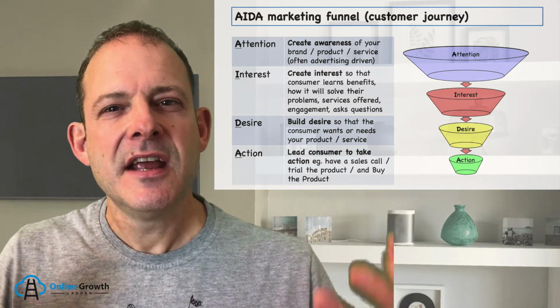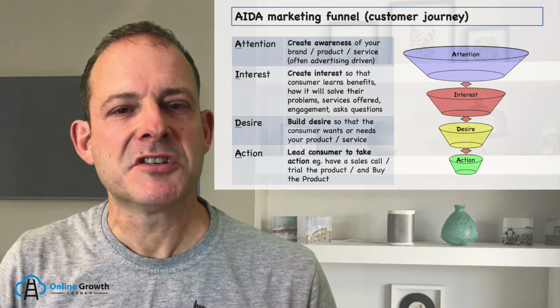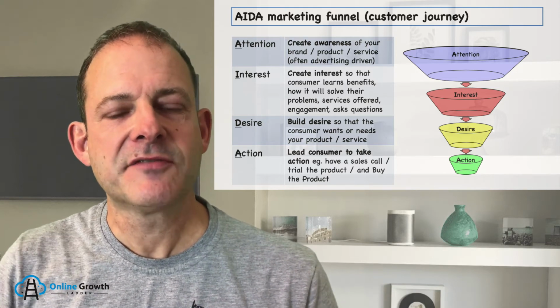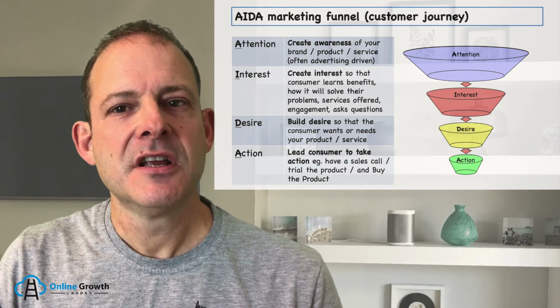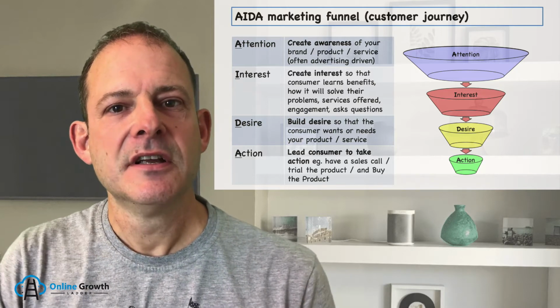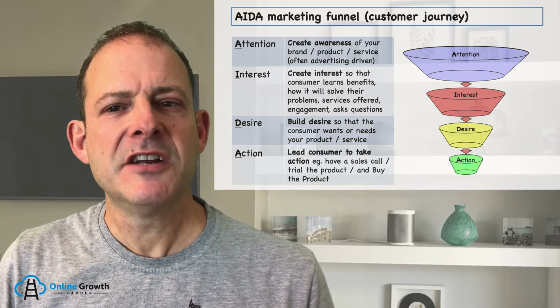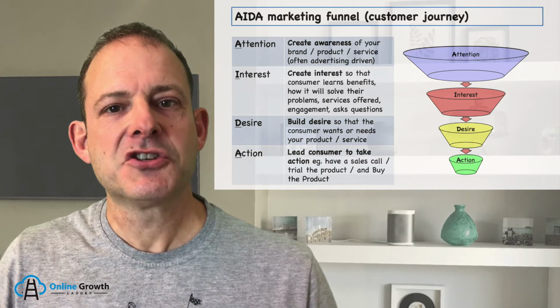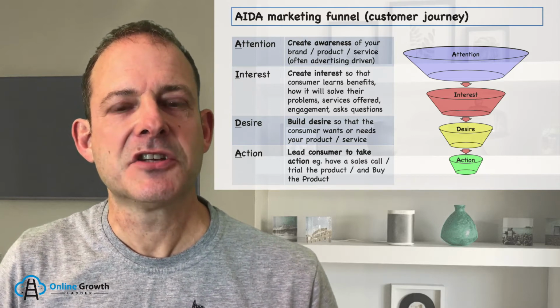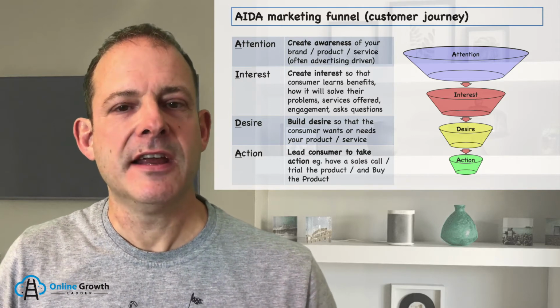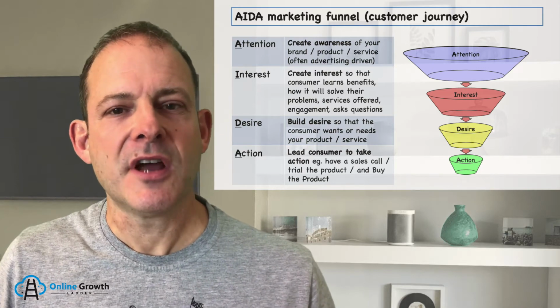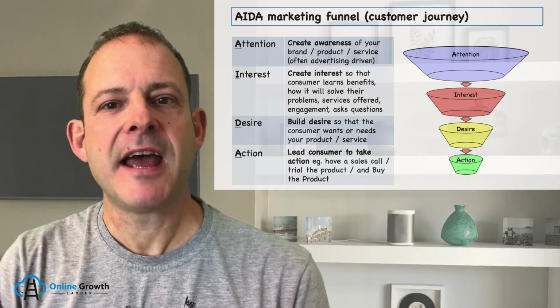So in this phase, we're really trying to build the desire, the wants and the needs for the product or service. And then finally, in the action phase of the funnel, we're really trying to get the consumer to take action.